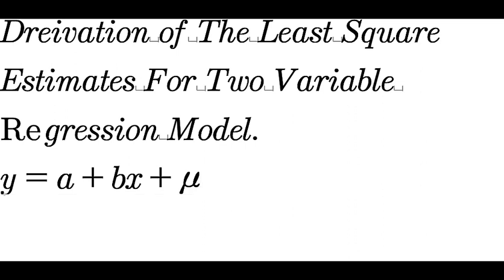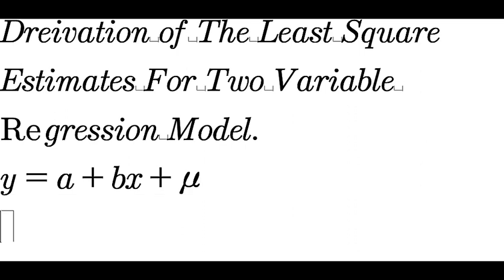Also from the right hand side, a is the y-intercept, b is the slope, mu is the error term. From the left hand side, y is the response variable.